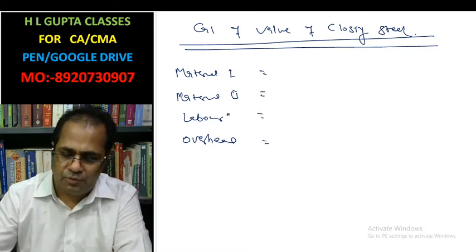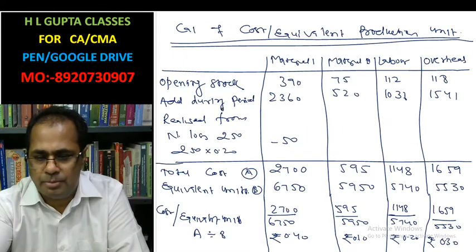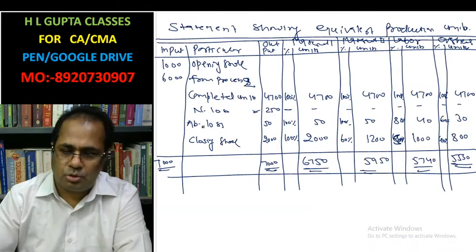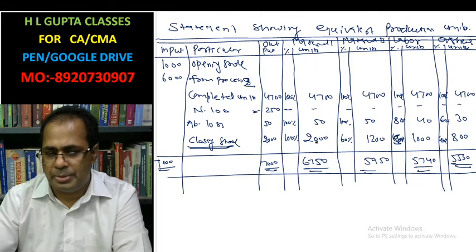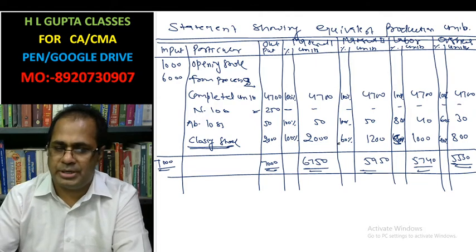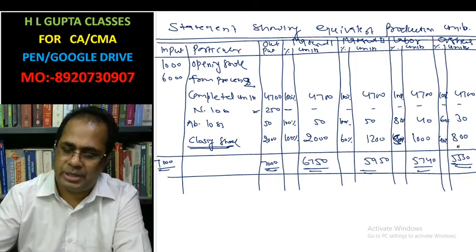What is the material first in closing stock? Look at it. This is the closing stock. In this closing stock, material first is 2000, material second is 1200, labor 1000, overhead 800.